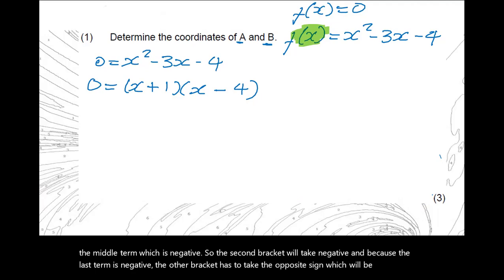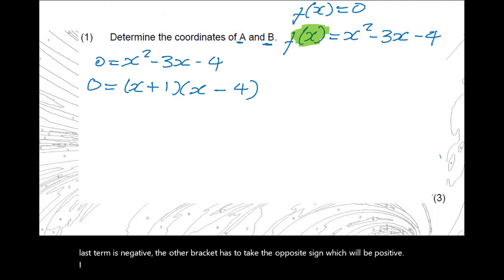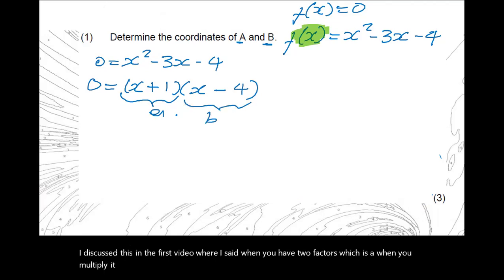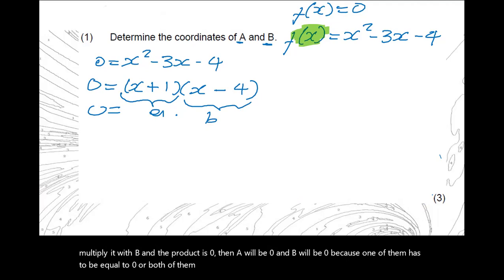I discussed this in the first video: when you have two factors, A multiplied by B, and the product is 0, then A will be 0 or B will be 0, because one of them has to be equal to 0, or both of them can be equal to 0.